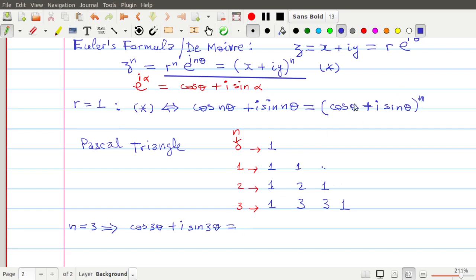Then we use this binomial expansion. First of all, we are going to perform a certain combination. First of all, let us expand this. Okay, let us write it.